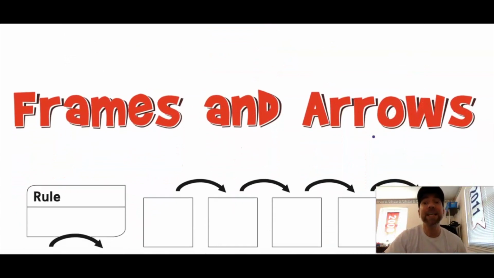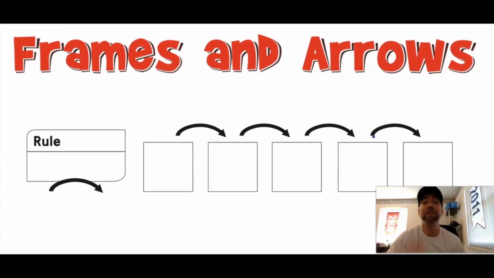Today we're going to again be looking at some frames and arrows. And remember that these shapes are the frames, and they're missing the numbers that go inside of them. And a frame can really be any shape. You'll notice on your sheet protector, you have squares. Some of your frames are circles. Some of your frames are hexagons.